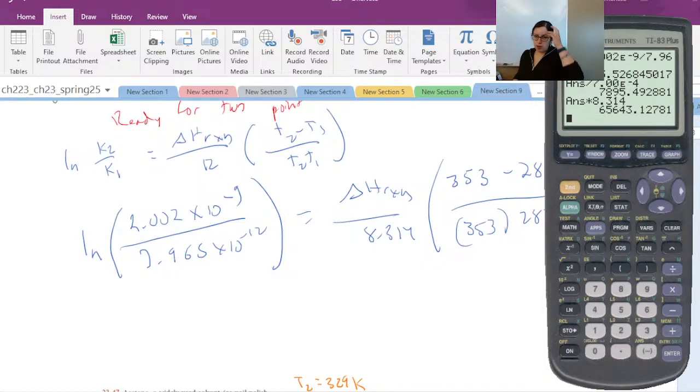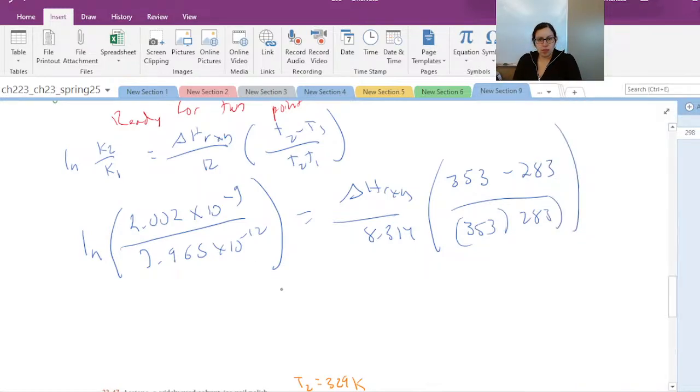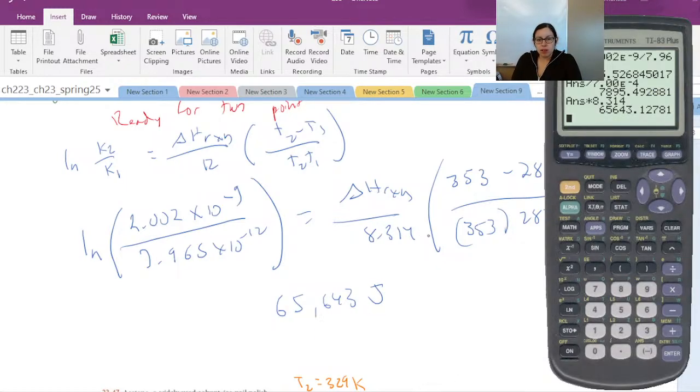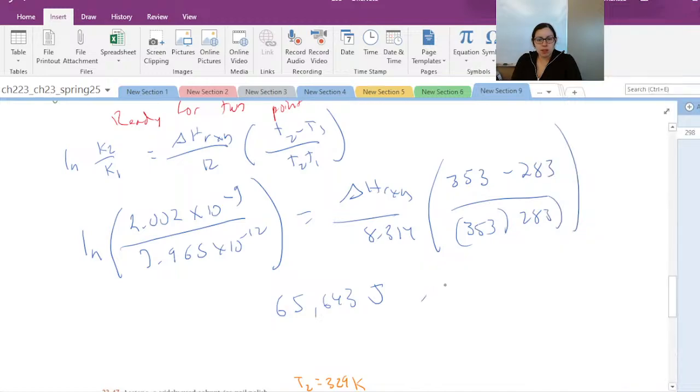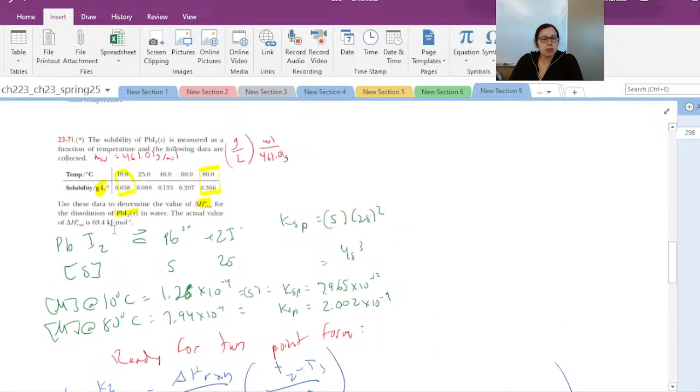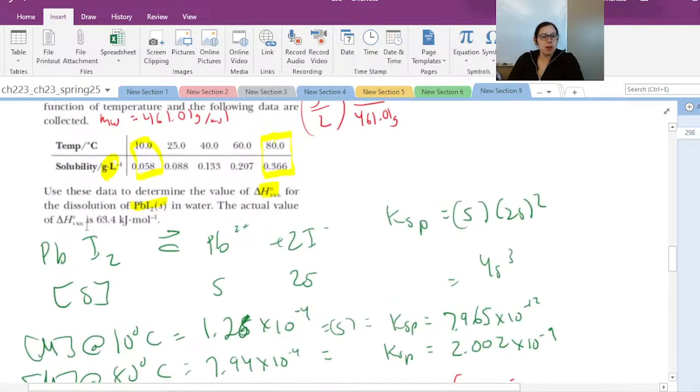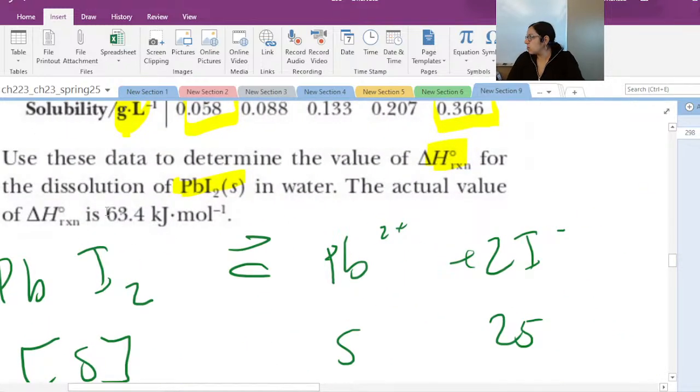All right, so then I get my delta H of the reaction to be 65,643, but then that's in joules, because that's based off of my constant here. And so that's about 65 kilojoules, or 65.6 kilojoules, which matched pretty well with the accepted value there.